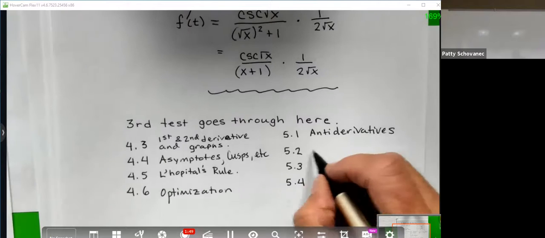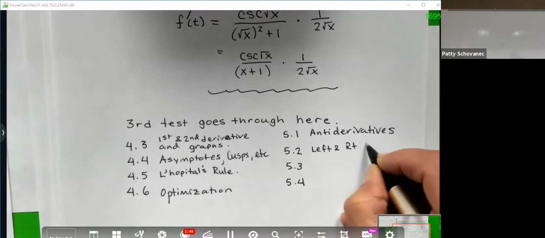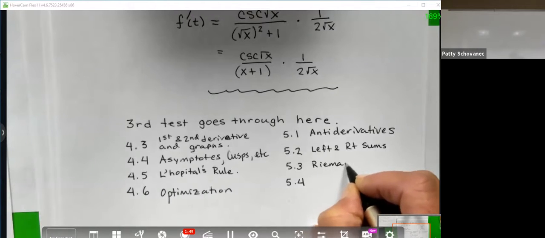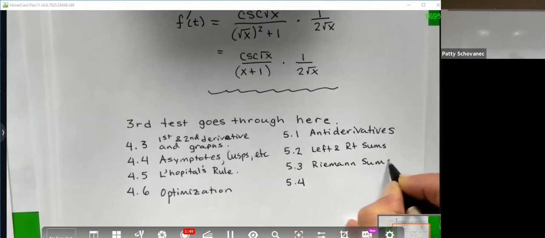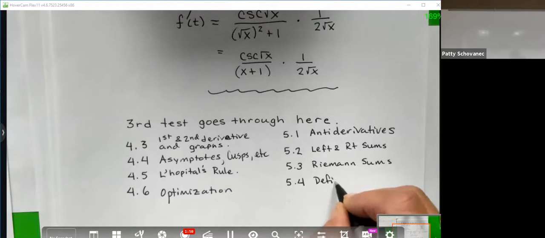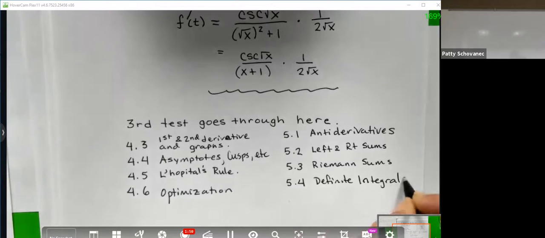Okay, so left and right sums, and then here was a Riemann sum. And then in section 5.4, we've got the definite integral.